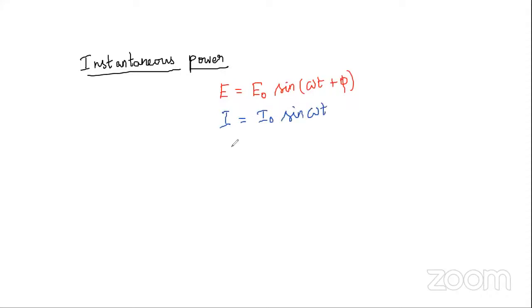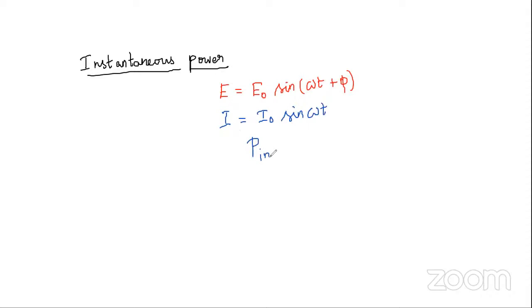Instantaneous power. So instantaneous power means here also you will be having voltage and current. Instead of voltage, we call it EMF. If your EMF is E equals E naught sine omega t plus phi, and your current is I equals I naught sine omega t, then what is the value of your instantaneous power?